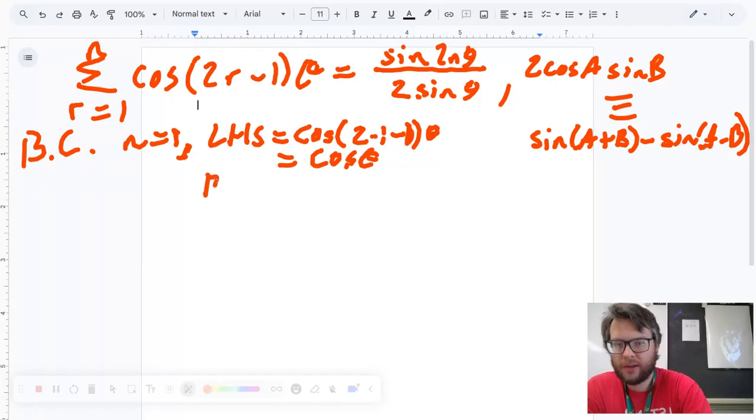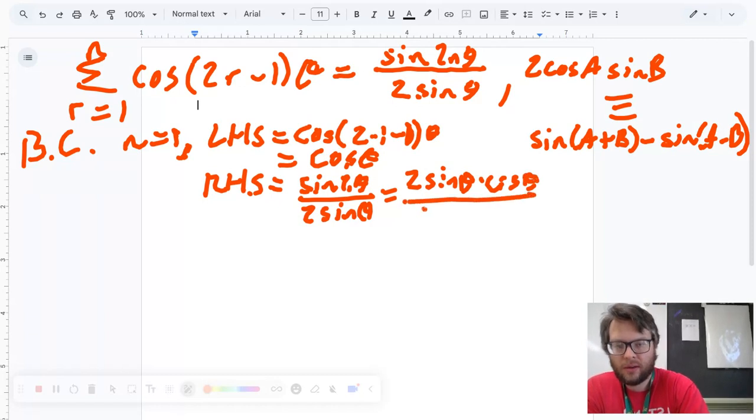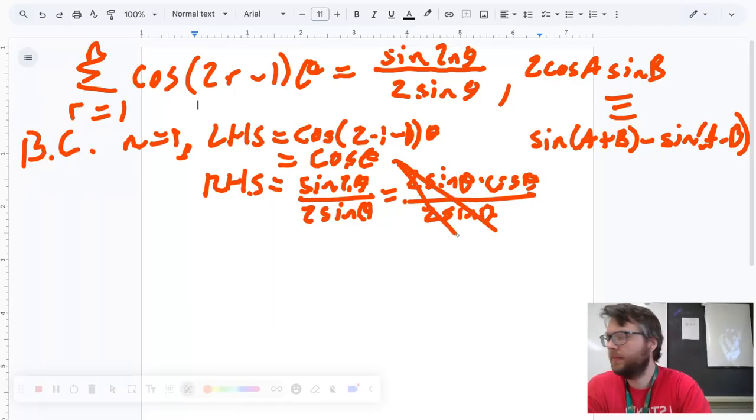And the right-hand side is sine of 2 theta divided by 2 sine theta. If you use the double angle on the top for sine, that's 2 sine theta cosine theta over 2 sine theta, and you can see why the base case is true. Cancel the 2's, cancel the sines.